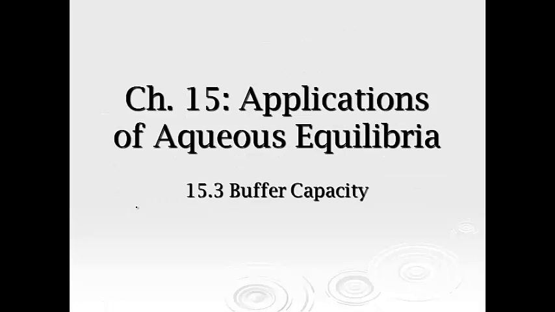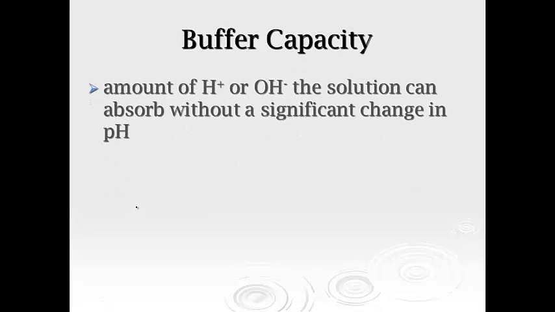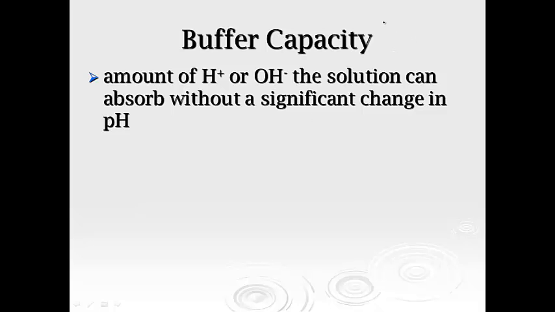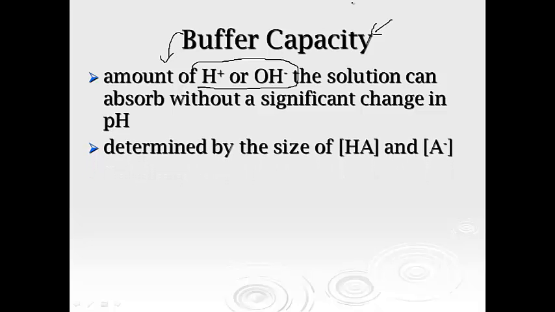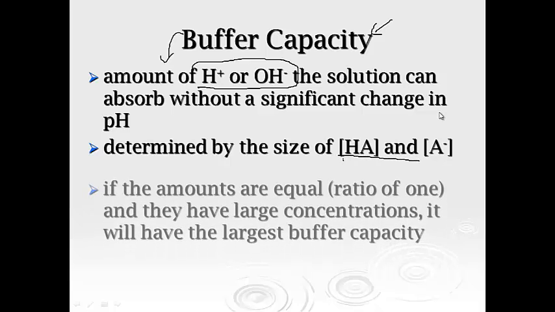All right, we also need to talk about what's called buffer capacity. Buffer capacity is how much it can withstand change, the amount of hydrogen or hydroxide the solution can absorb without a significant change in the pH. That's what buffer capacity is. It's determined by the size of the concentration of the weak acid and its base.